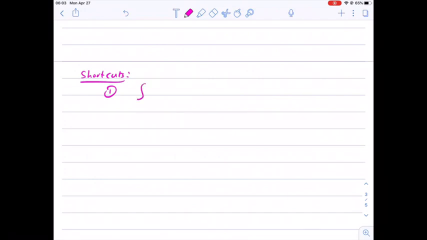For example, if you have the integral of some function of ax plus b dx, then this is 1 over a, because as you can see this is a linear function ax plus b, so 1 over a times the integral of f, or the antiderivative of f, of ax plus b, plus c.